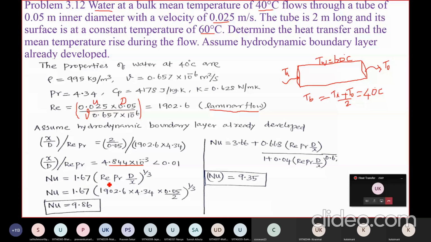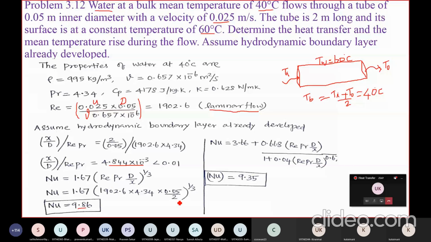In the same way, there is one more relation for a fully developed hydrodynamic boundary layer. That relation also we use: Nusselt number is equal to 3.66 plus 0.668 Reynolds number, Prandtl number, d by x, divided by 1 plus 0.04 into Reynolds number, Prandtl number, d by x, whole power 0.67. Using this relation, we find Nusselt number 9.35, here 9.86.